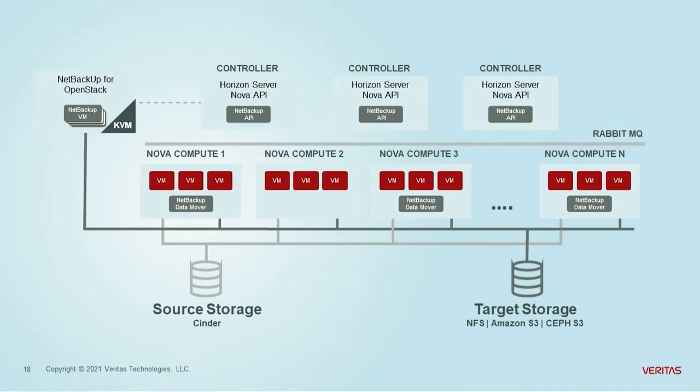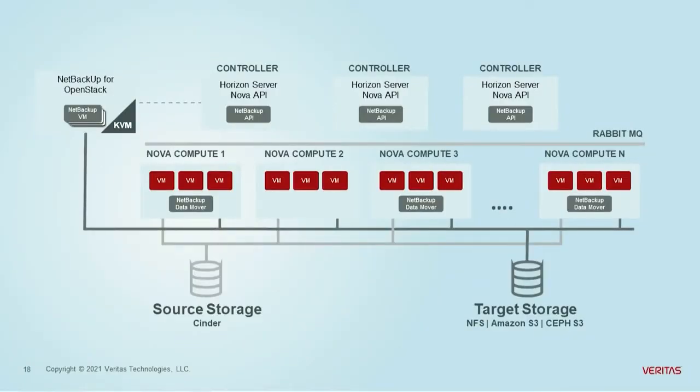The data plane mirrors the VM placement algorithm, as you can see, and scales as your cloud scales. The control plane can be scaled independently based on the number of VMs. So we offer a tremendous amount of scaling, and every compute node is responsible for its snapshots, all managed through the Horizon interface and as part of NetBackup for OpenStack.